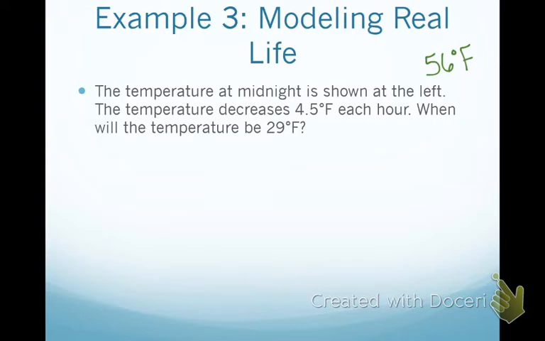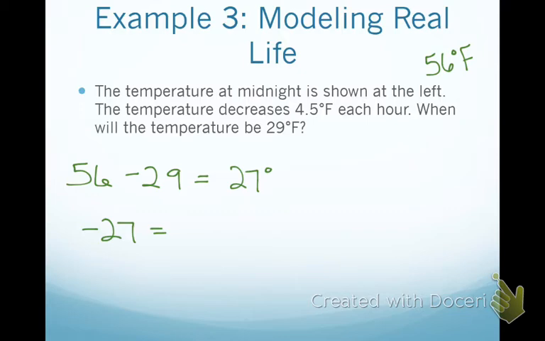Subtract. 56 minus 29 is going to show me how many degrees total it's going to drop. That's going to be important. What's 56 minus 29? 27. All right, so that's how much it's going to drop total. Total degrees dropped is 27.